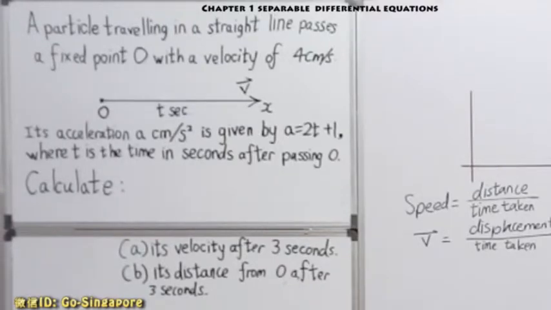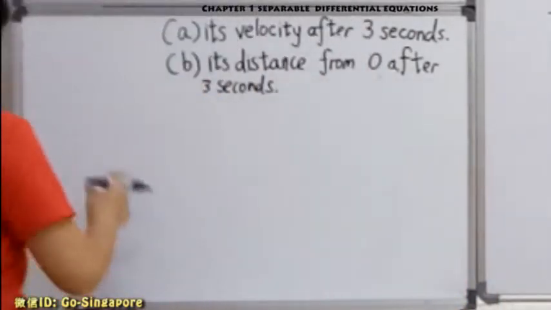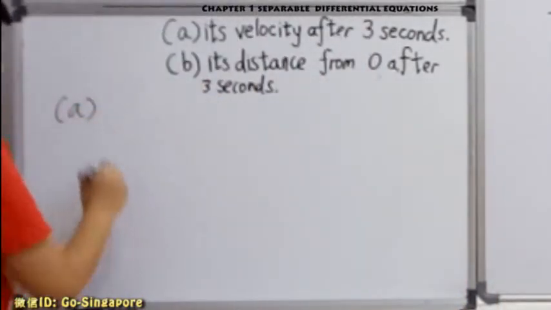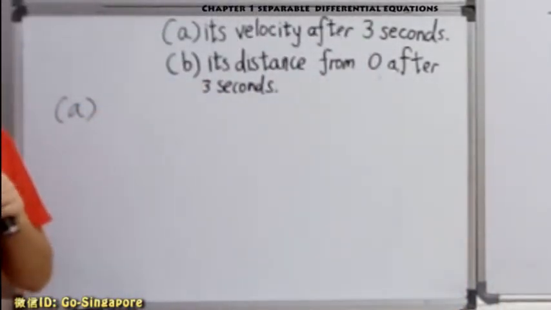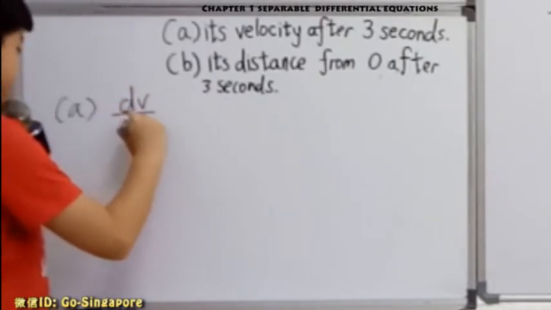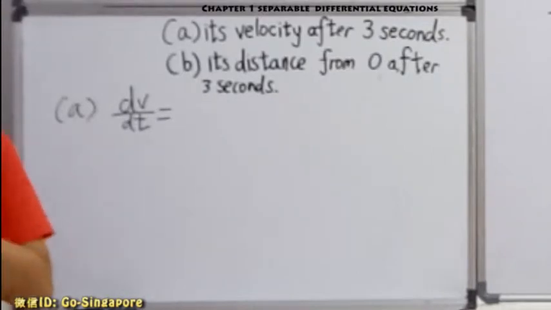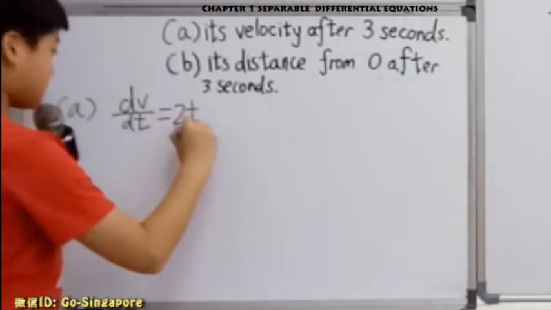For the first part, we know that a is dv dt. So we use this dv dt, which is equal to 2t plus 1.